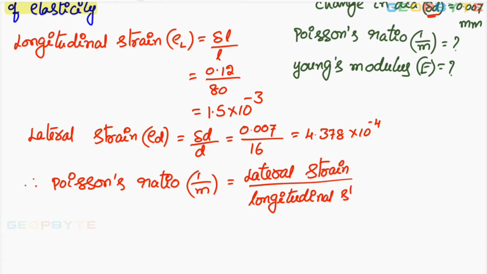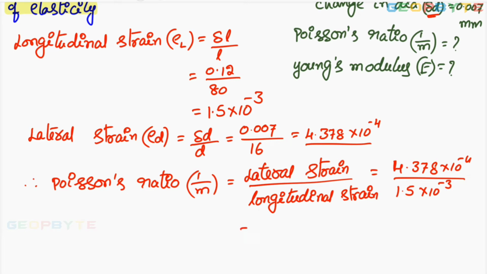The lateral strain is 4.378 into 10 raised to minus 4 divided by 1.5 into 10 raised to minus 3. The Poisson's ratio value is 0.29.